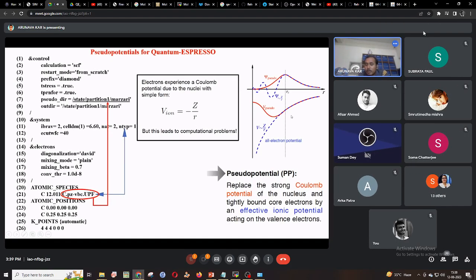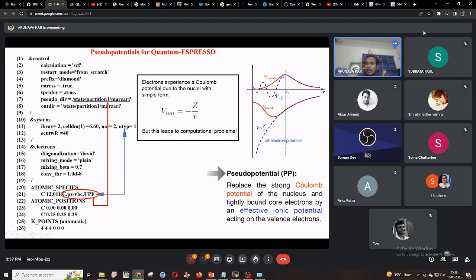Inside the core region, near the core, we have replaced the all-electron potential by a pseudopotential. You can see this is the pseudopotential, and it is replaced near the ion, near the ionic force.